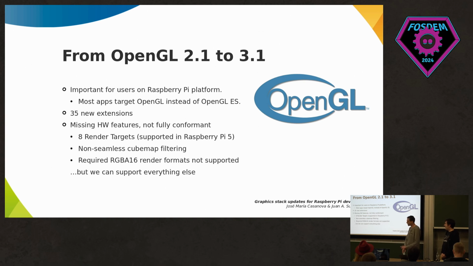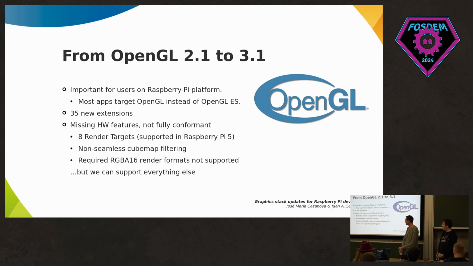As I was saying before, the driver is not fully compliant with 3.1 because there are some missing features in the hardware. For instance, this version requires 8 render targets. This is fixed in Raspberry Pi 5, but not in Raspberry Pi 4. Also, the hardware does seamless cube map filtering, and the OpenGL spec requires non-seamless.